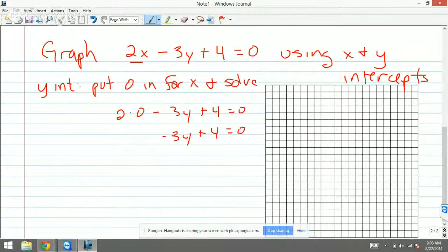So subtract 4, divide by -3. And then the x-intercept, we put 0 in for y. It's positive because you subtract 4 and get -4 divided by -3. Positive. So stuff like that I'm probably going to skim over this year. It's stuff that we want to have down.